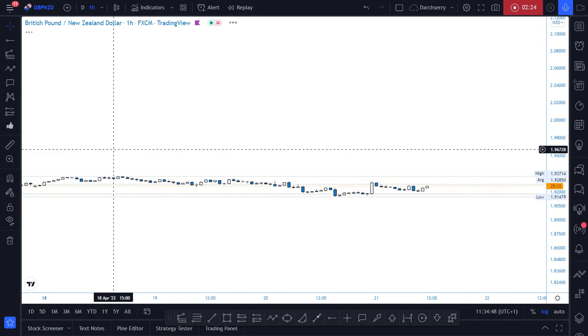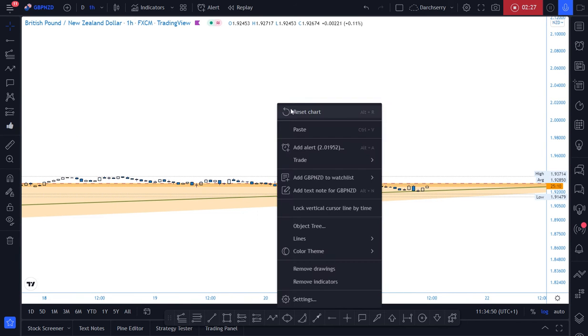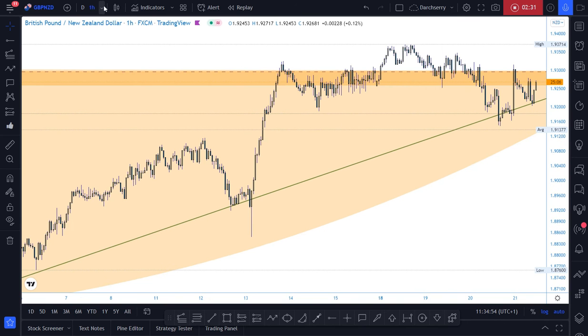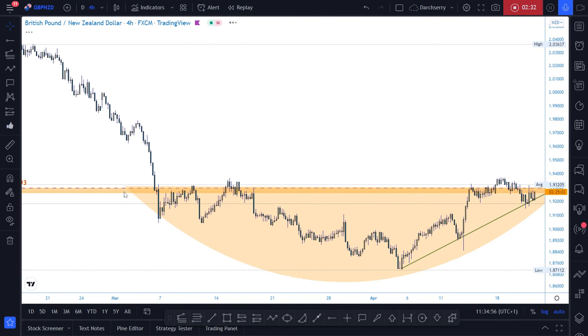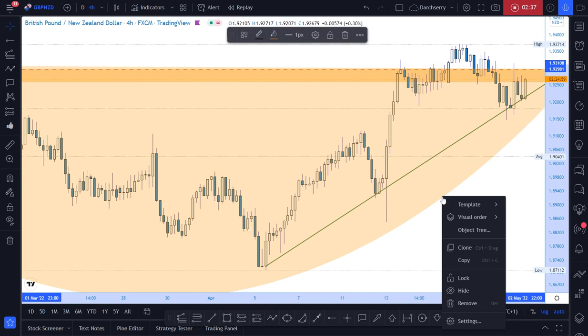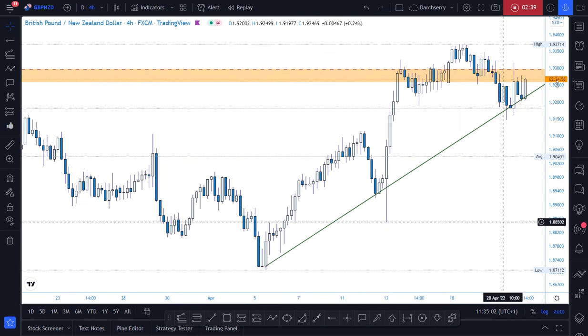So if we move down to a much lower time frame, that's the 1 hour time frame. Sorry, let me go to 4 hours first, because on the 4 hours time frame, I would like to hide this reversal.